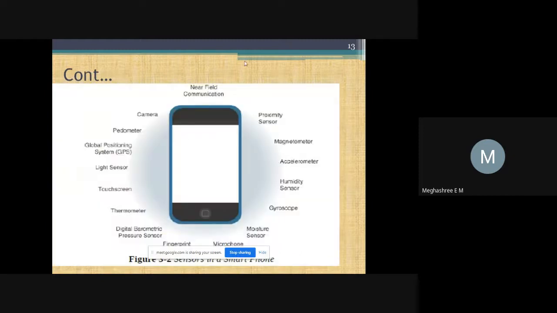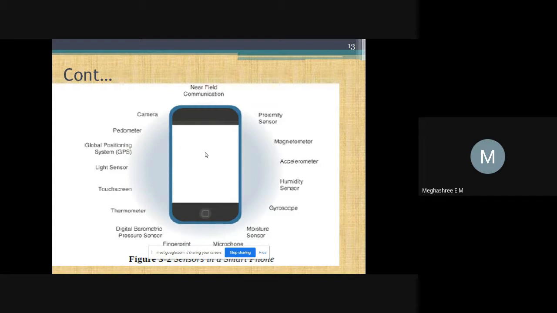Okay, so another example is sensors which are used in smartphones. And you know, in a cell phone, we use many sensors in our smartphone, isn't it? So here, as you know, day by day, the usage of smartphones is increasing because of the advancement in technology, right? And each and every year, billions of smartphones come into the market, right?